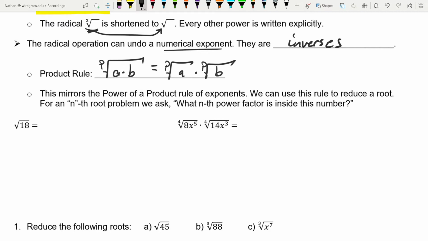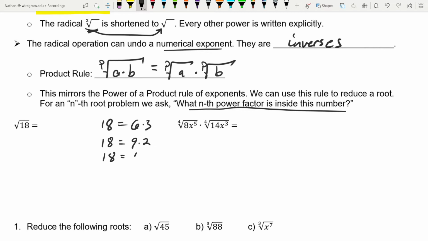The way we do this is we ask what nth power factor is inside a number. So for instance, the square root of 18, I can reduce this by looking at, well, 18 is the same thing as 6 times 3. It's also 9 times 2.